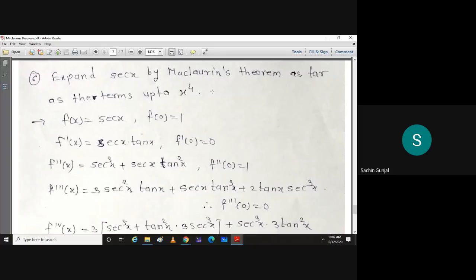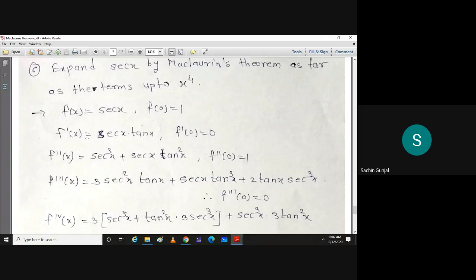So how many derivatives are you expected to calculate? Sir, 4 derivatives. Right. As we know, the statement of Maclaurin's theorem is f of 0 plus x into f dash 0 plus x square by 2 factorial into f double dash 0 plus x cube by 3 factorial into the third derivative at 0, plus the fourth derivative at 0 into x raised to 4 by 4 factorial.